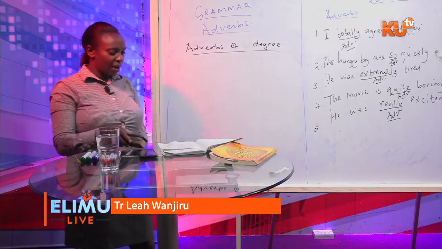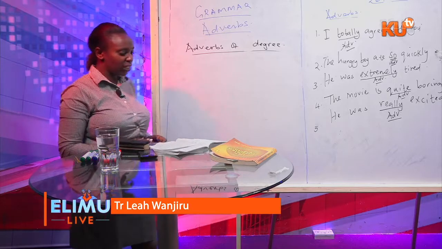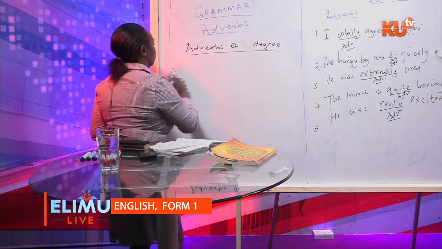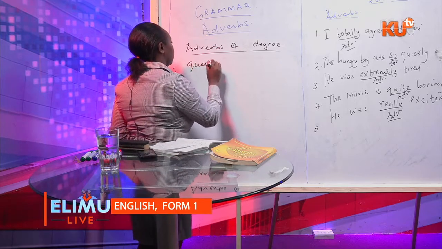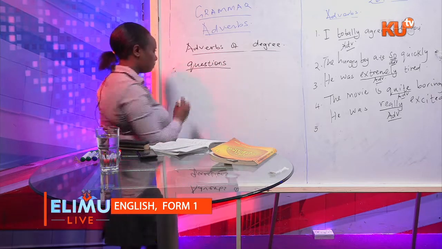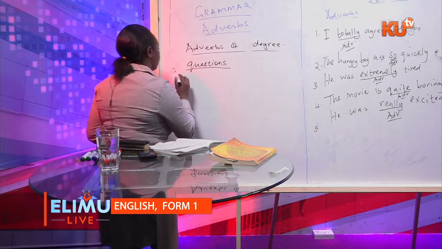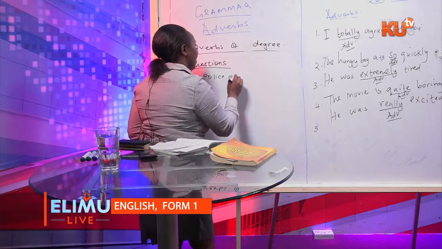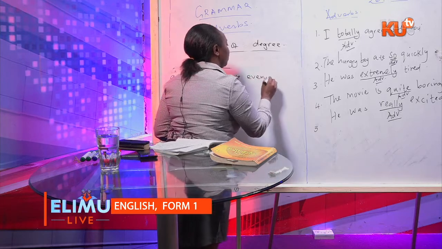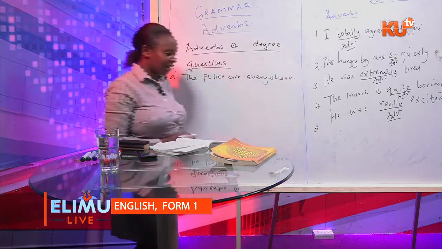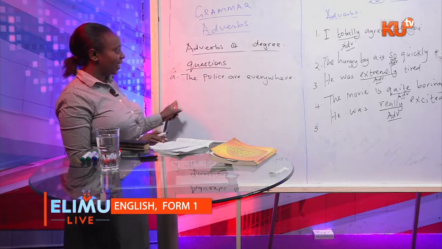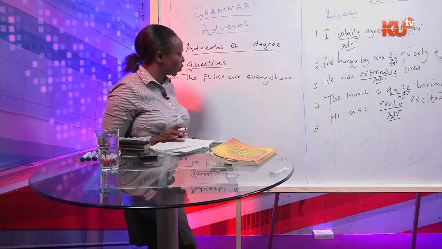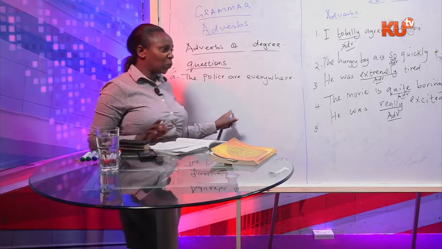To check whether you have understood, let us look at the following questions. Number 1, the police are everywhere. Kindly highlight or underline the adverb in that sentence. Then you indicate what it is.